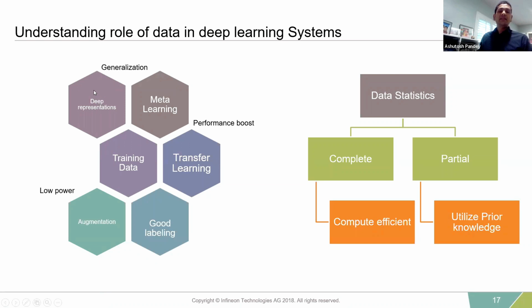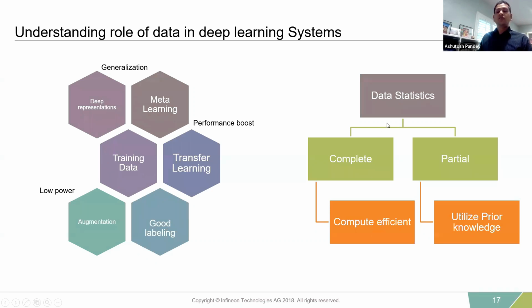Generally, the top three here, transfer learning, meta learning, and deep representation, tend to create your generalized solution. And you have other practices that help you create very efficient solutions, right?